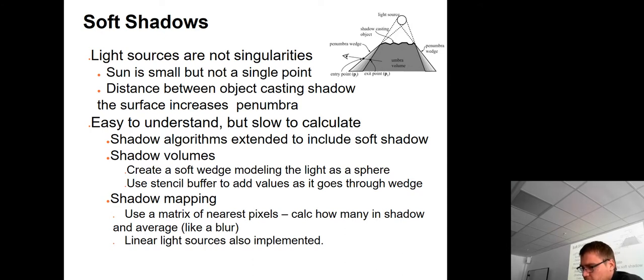So one of the ways that's done is to identify different areas. So basically, you have segments within this wedge, and then interpolate the shading factor, if you like. So you basically have different incremental stages, or incremental areas, that increase the level of shadowing, as opposed to having this complete shadow or complete illumination.